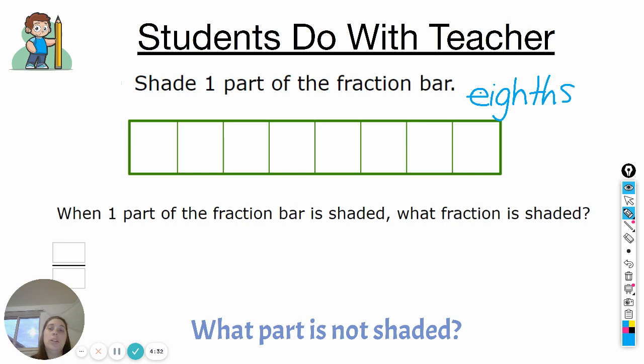Okay, let's take a look at the question it's asking. When one part of the fraction strip is shaded, what fraction is shaded? So now on your fraction bar, I want you to shade one piece, and it doesn't have to be completely filled in because we don't want to waste all our ink. Just go ahead and shade one piece.